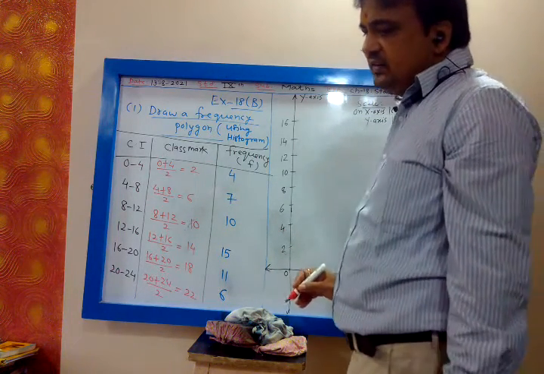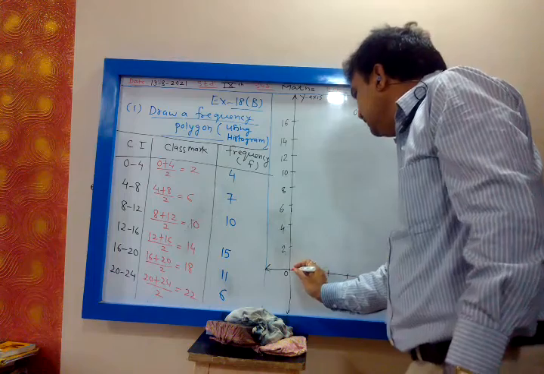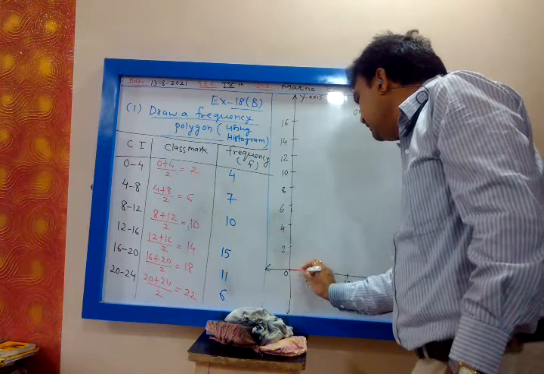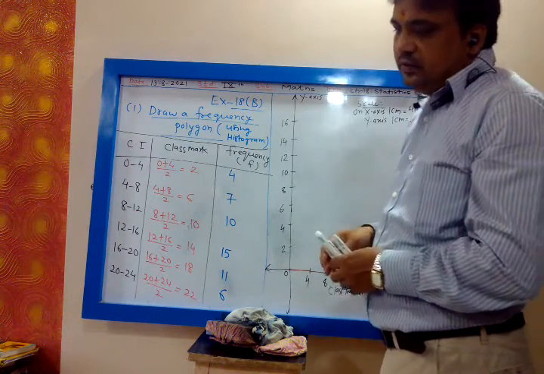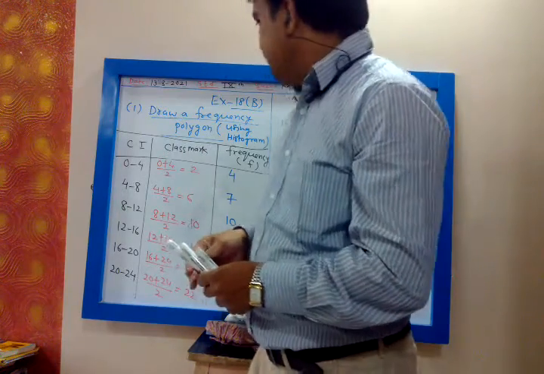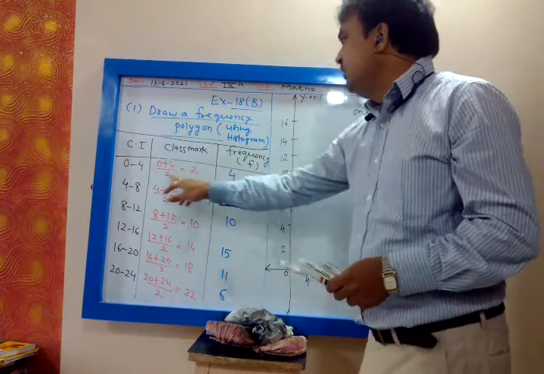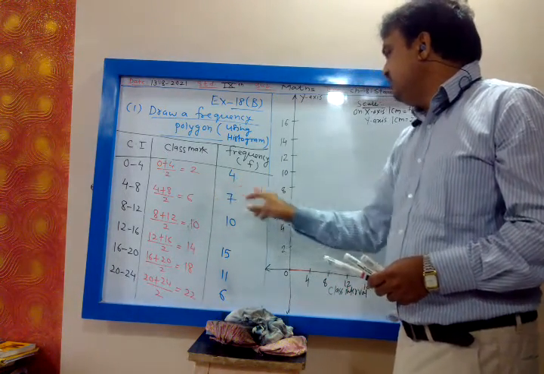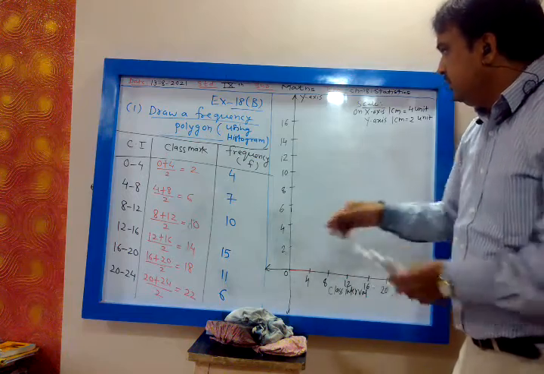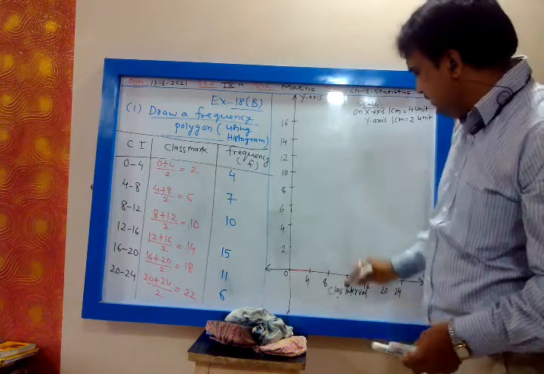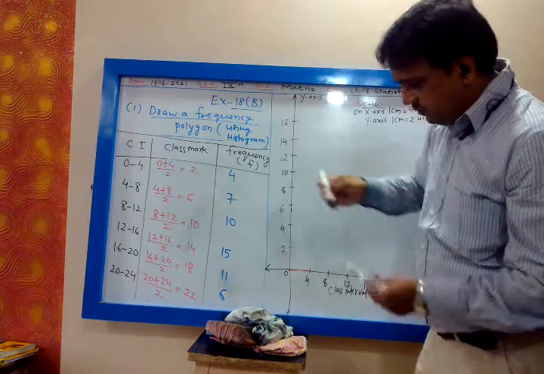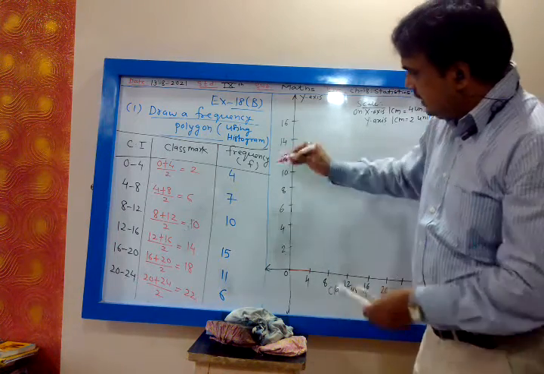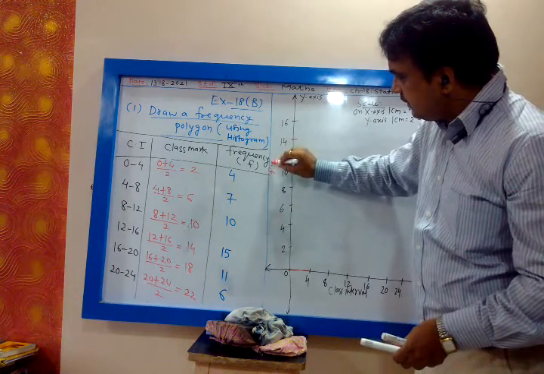For 0 to 4, what is my frequency? 4. So where is 4? On this side you write the class interval, and vertically you write the frequency.